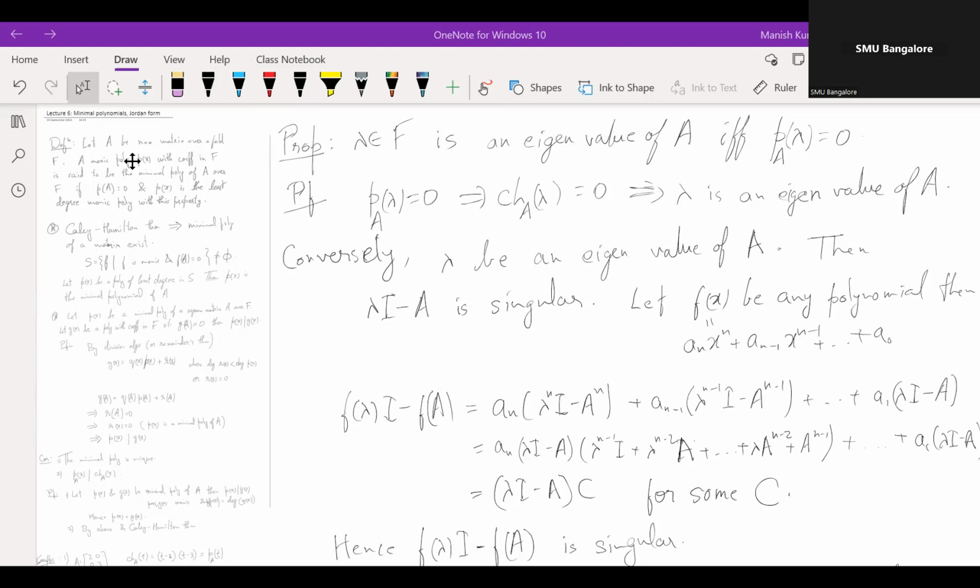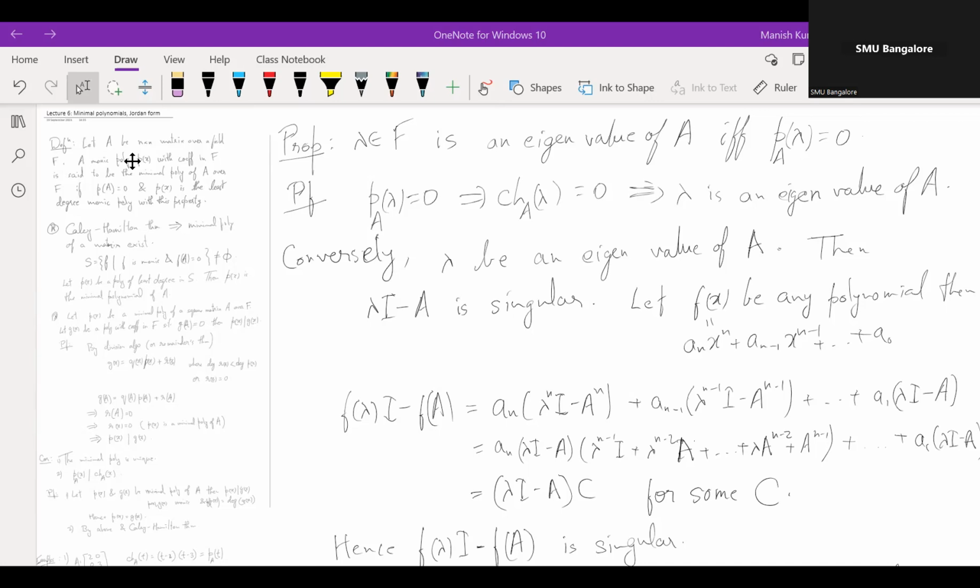Now we have to do the converse. So now we assume that lambda is an eigenvalue of A, which means the characteristic polynomial at lambda is 0, and we want to show that P_A(lambda) is 0. So lambda is an eigenvalue means what? How do we compute the characteristic polynomial?